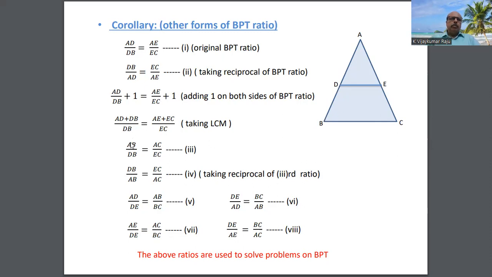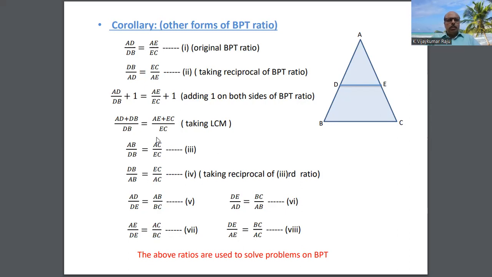So it becomes AB upon DB, and AE plus EC is equal to AC, so it is AC upon EC. So AB upon DB is equal to AC upon EC. BPT can also be written in this form. This is the third form of the same ratio.